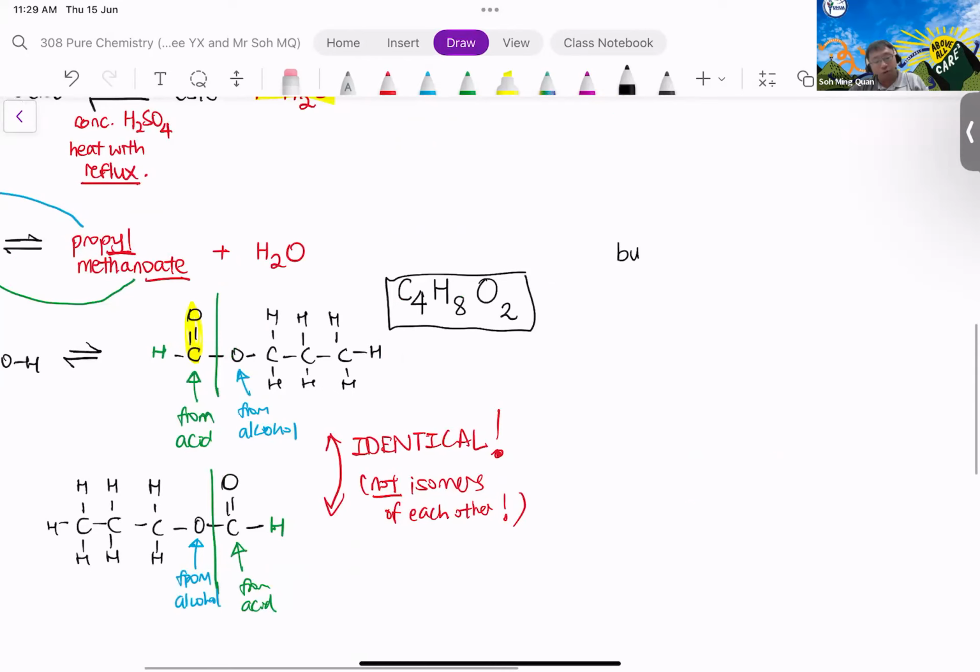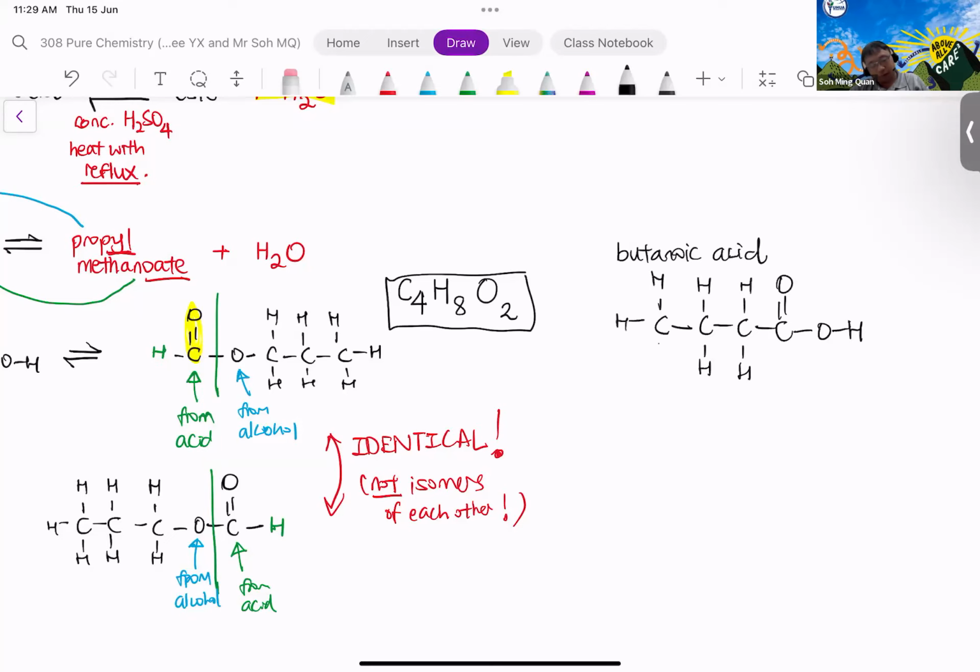Now, if I ask you to draw butanoic acid, butanoic acid has 4 carbons. Remember, the functional group is COOH already. So if you just look at this now, butanoic acid is also C4H8O2.